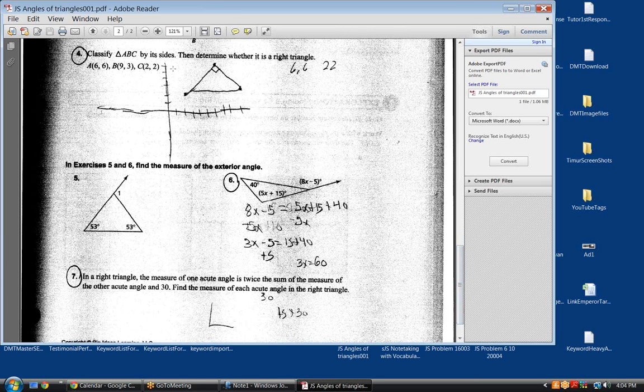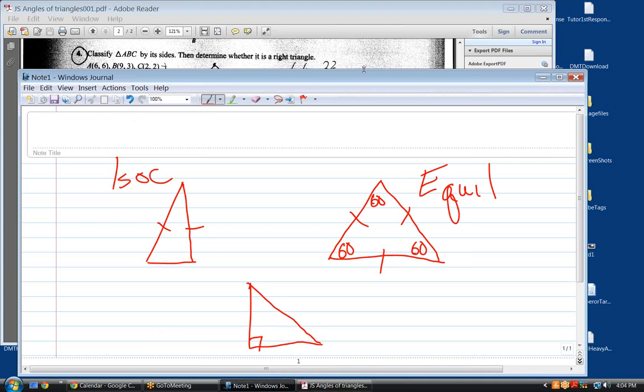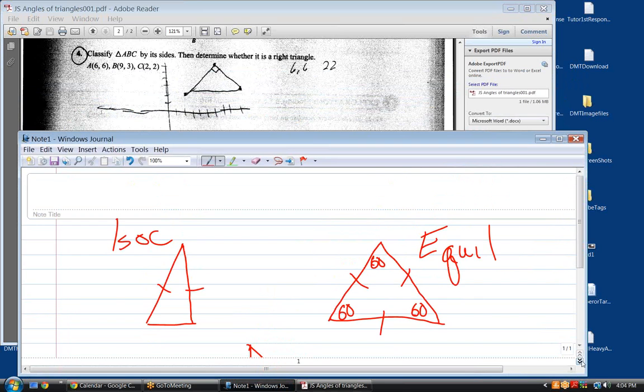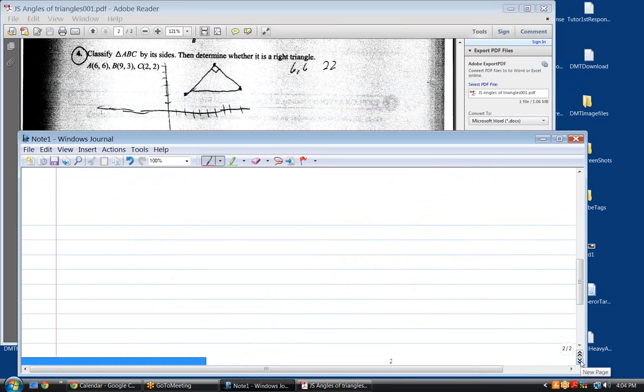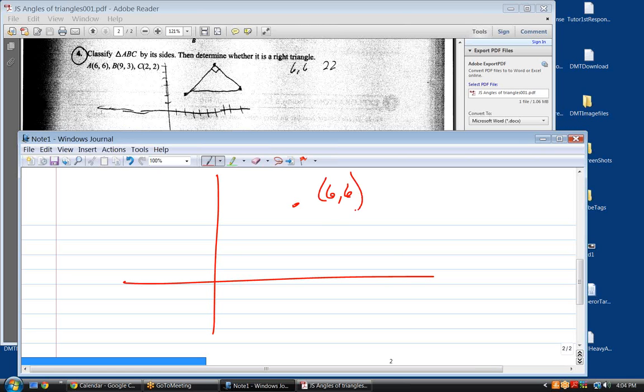Classify triangle ABC by its sides, then determine whether it's a right triangle. Now, there's quite a bit of math involved here. Let's see, this is 9, 3 and 2, 2.